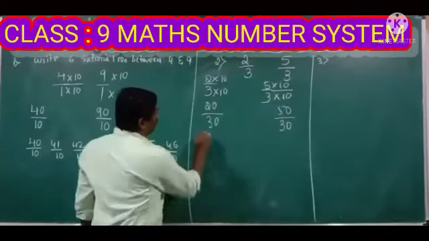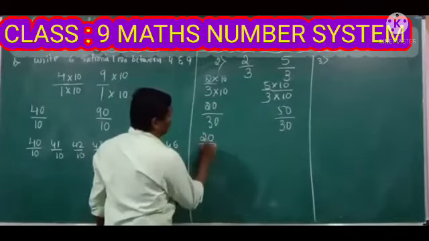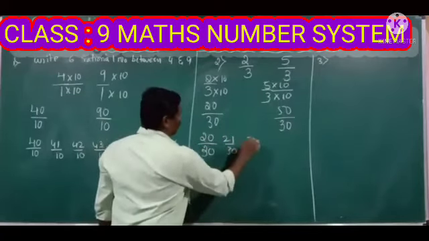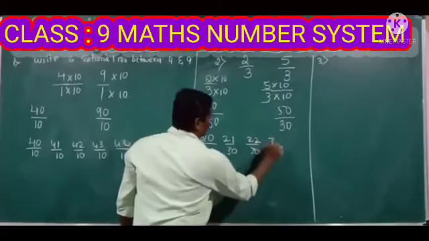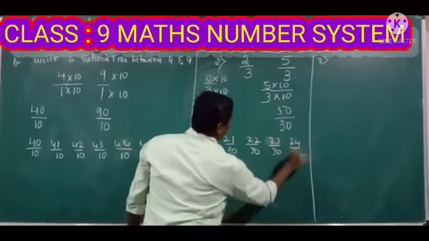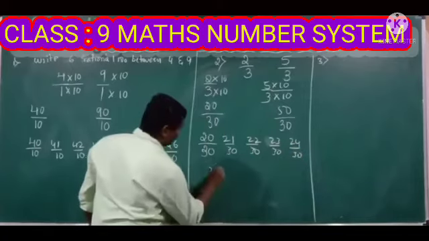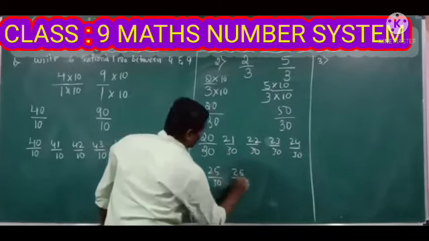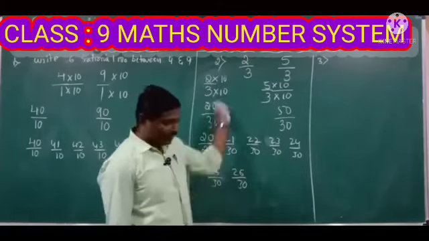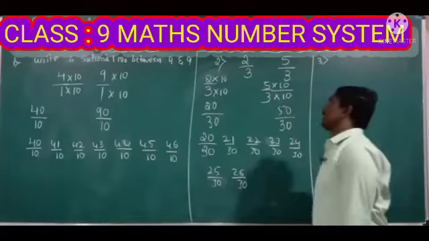So you can write the rational numbers from 20 by 30 to 21 by 30, 22 by 30, 23 by 30, 24 by 30, 25 by 30, 26 by 30. This is the easiest method, no? Now see the next method.